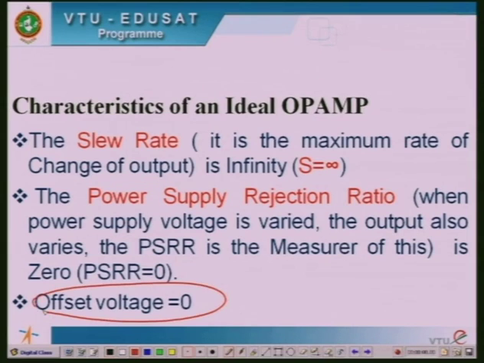Next point is the offset voltage. The offset voltage is 0. Yesterday I defined what an offset voltage is. The offset voltage is the output voltage of an operational amplifier when no input signals are applied at the positive terminal and the negative terminal of the op-amp. So, when no input voltage is applied, there exists some output voltage due to circuit action, and that is called offset voltage.